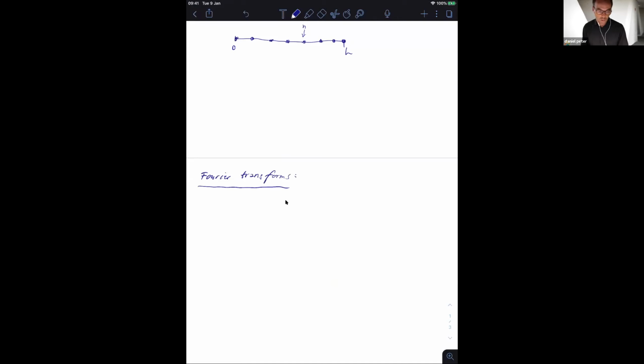So there are variations of pseudo-spectral methods which don't necessarily need Fourier transform. They use other transforms. But the most simple way of introducing you this pseudo-spectral method is through these Fourier transforms. I can quickly put this down. So the Fourier transform, probably you have something in your notes.